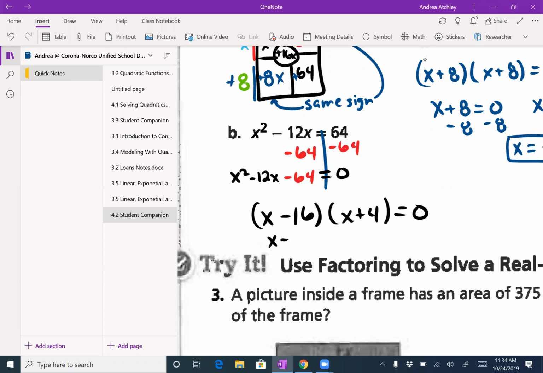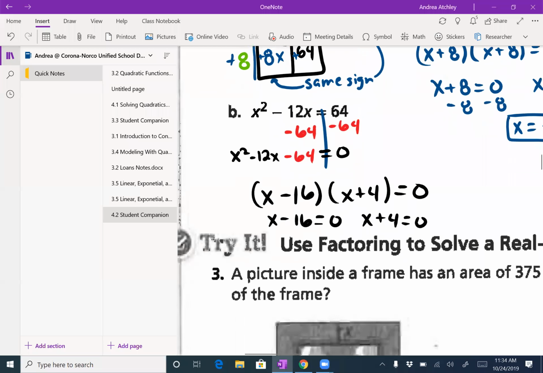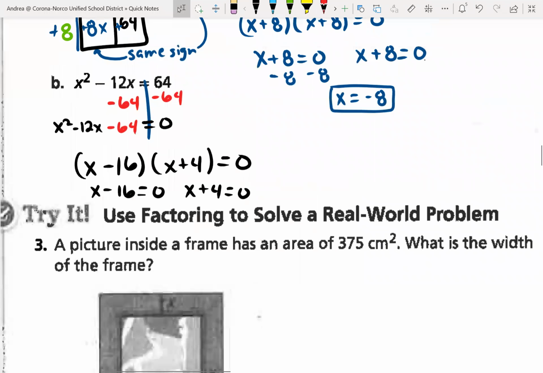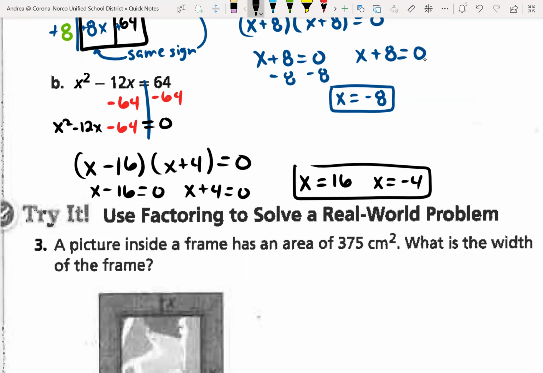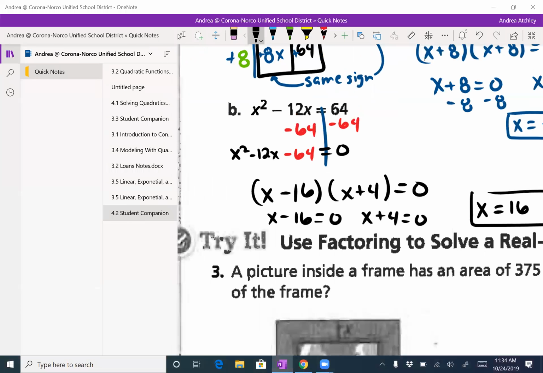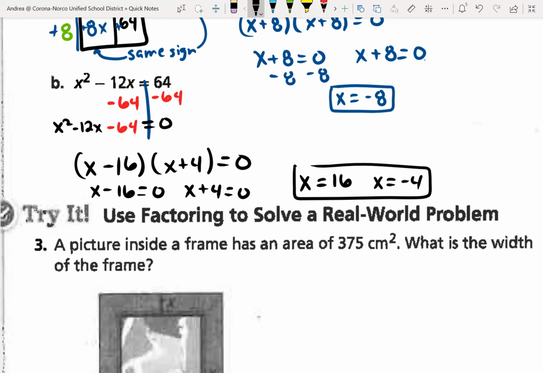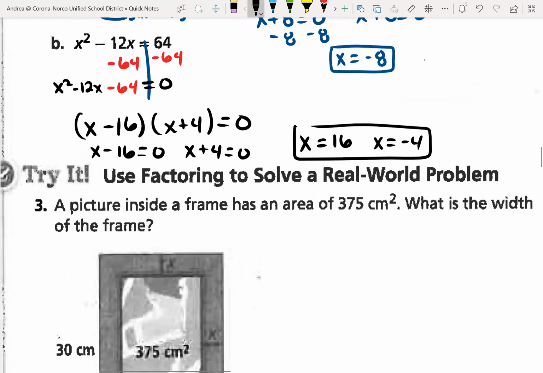So x minus 16 equals 0, and x plus 4 equals 0. When we solve, we'll get x equals 16 and x equals negative 4. Any questions over that? We're good? Okay, next page.